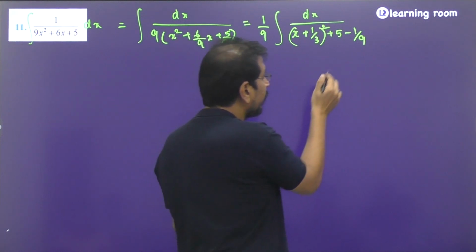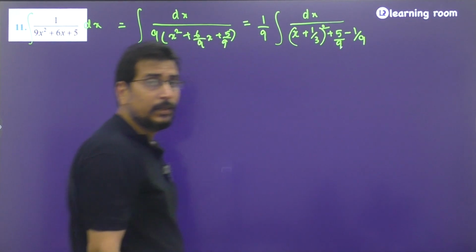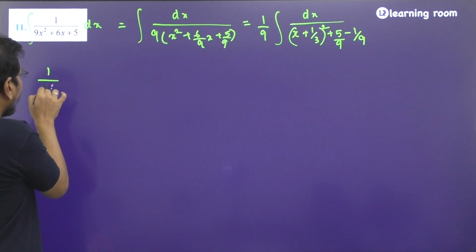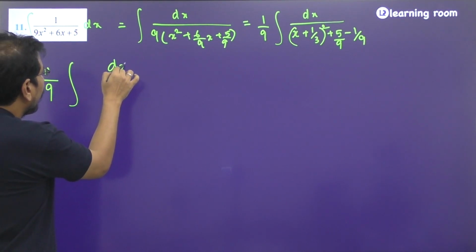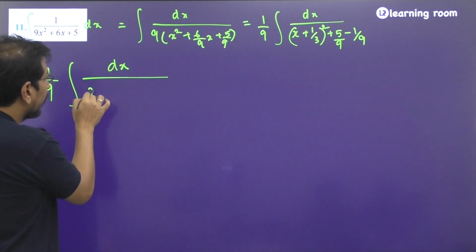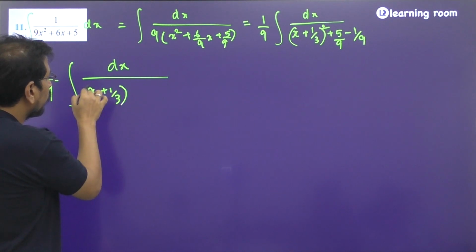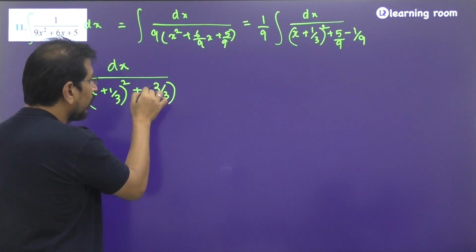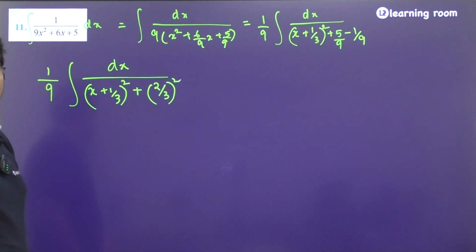So it is 5 by 9 here. So you'll have 5 by 9 minus 1 by 9, which is going to be 4 by 9 itself. So 1 by 9 into integral of dx the whole divided by x plus 1 by 3 the whole square plus 4 by 9, I can write it as 2 by 3 the whole square.